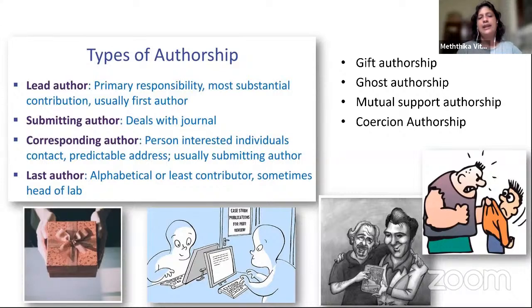You understand? But if you do the research and your supervisor writes the first draft, then the supervisor will be the first author. The supervisor has the right to be the first author because the supervisor writes the first draft.